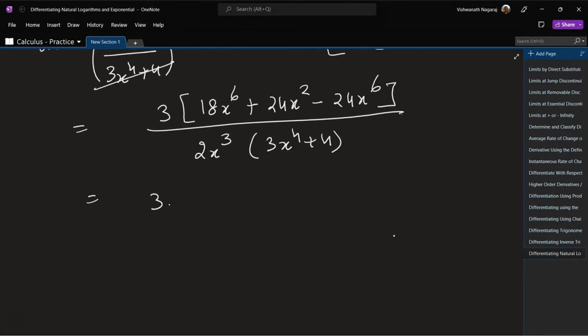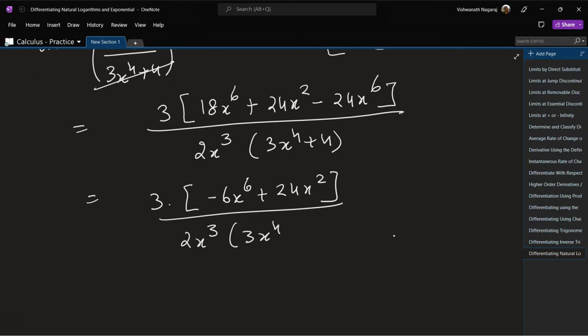Now 3 times, what is common? 6 is common. No, let's first simplify this. 18 minus 24 is minus 6x^6 plus 24x square by 2x cube times 3x^4 plus 4.